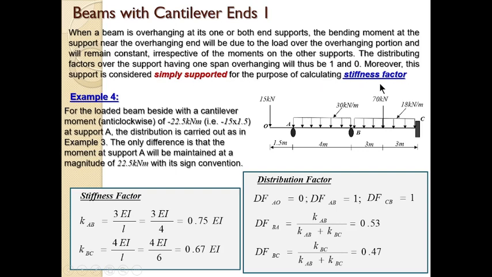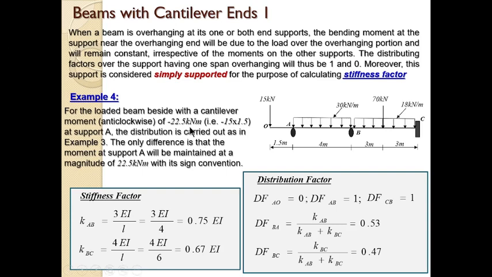Take note of that. And so, example 4 here, we have a beam that has a cantilever at this left support A. The cantilever load is 15 kilonewton and is acting over a distance of 1.5 meter. It is a very common thing we meet in real life structural analysis.